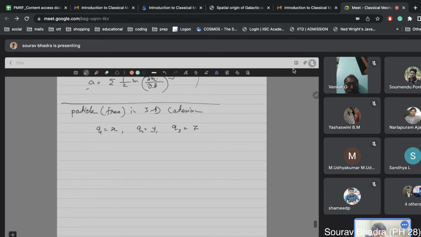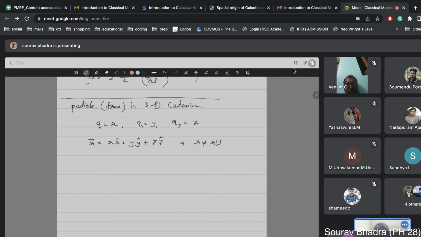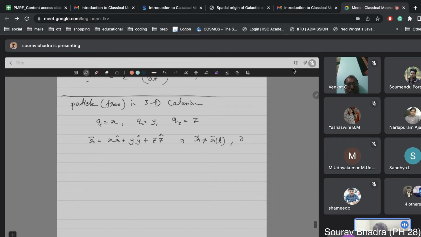And r, which is the position vector, can be written as x x-cap plus y y-cap plus z z-cap, right? We are assuming that r is not a function of t, that's why del r del t is equal to 0. So if r is this, then del r we can write as this.